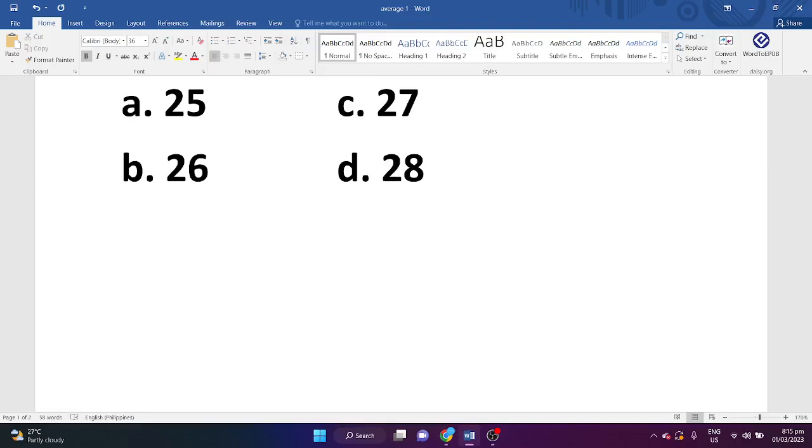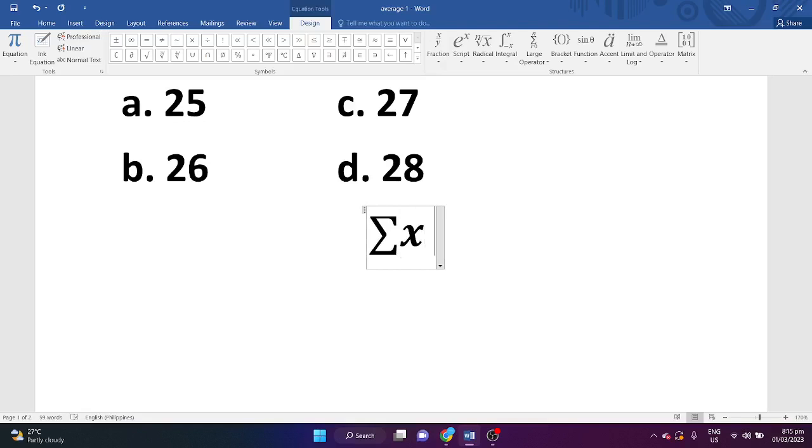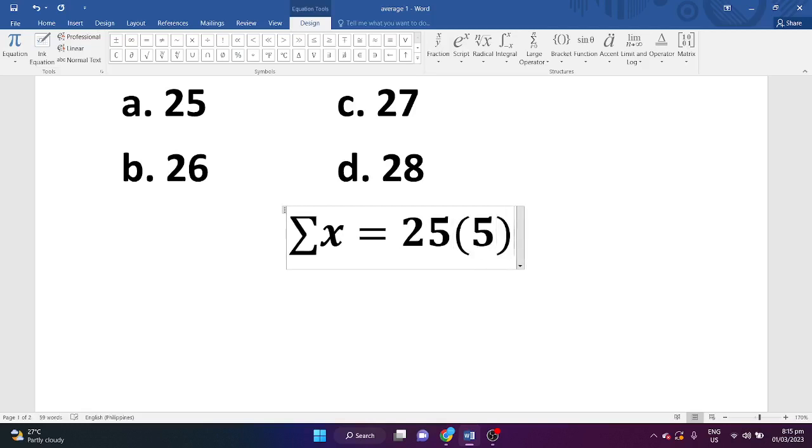So that should be summation of x is equal to, in this case we will be using the option A, 25, and since this is the average of the 5 middle numbers, we can safely multiply this by 5 to get the sum of the 5 middle numbers.